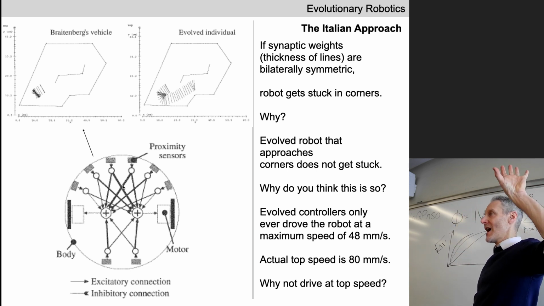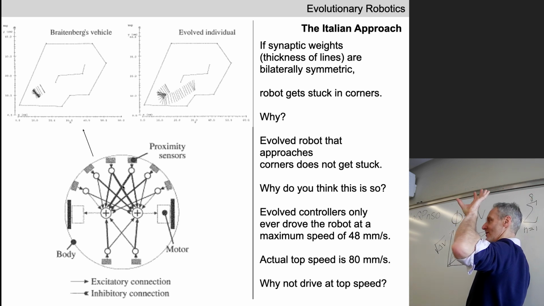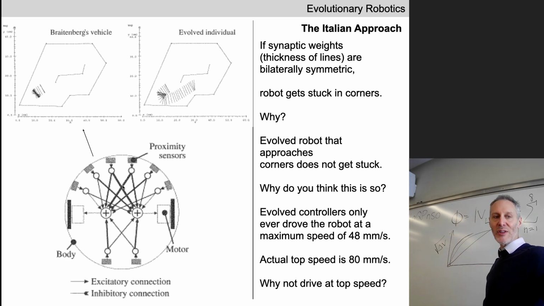If there's high proximity on your left, turn to the right. They built a Braitenberg vehicle, which they thought was optimal. Dropped that into the robot, put the robot at this position, and faced the robot back into the corner. And what happened? What did the line segments tell you about the behavior of the Braitenberg vehicle in this physical body? What does it do?